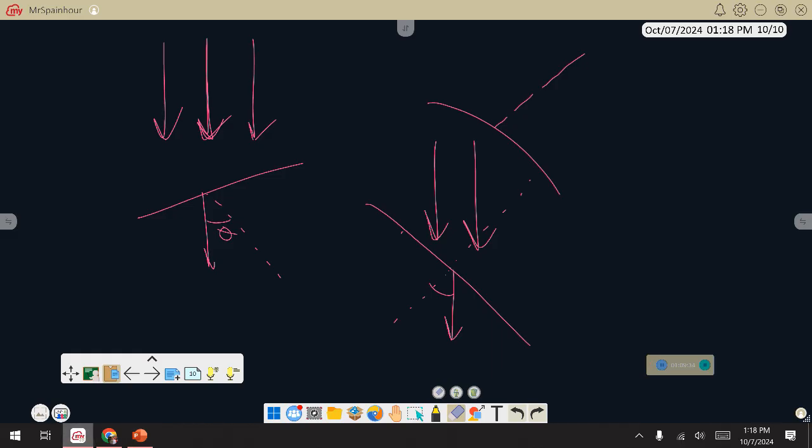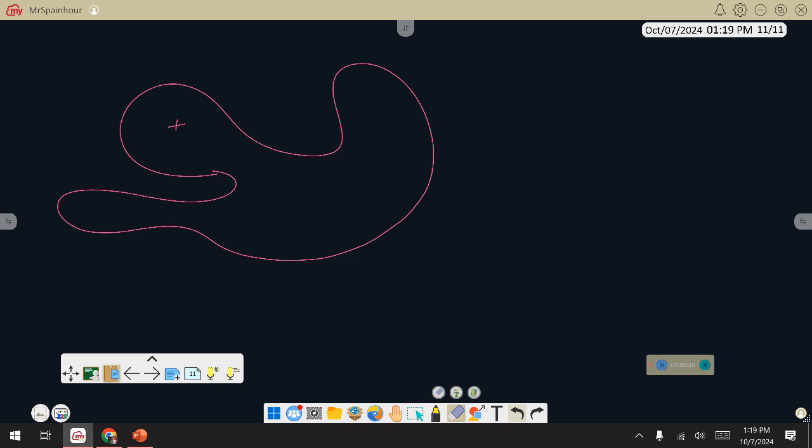What if I've got a weird shape like this? And my positive is right here. What you end up doing is you track how many lines are leaving or coming into the surface.